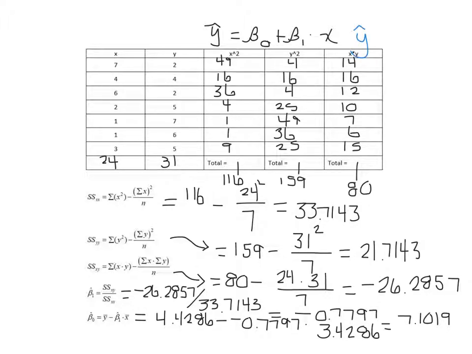Y hat equals, our beta sub 0 is 7.1019 plus our beta sub 1 is negative 0.7797 times x. Just another way to go about getting the slope and y-intercept of your regression equation that's much less tedious than using the formulas that are on your formula sheet.